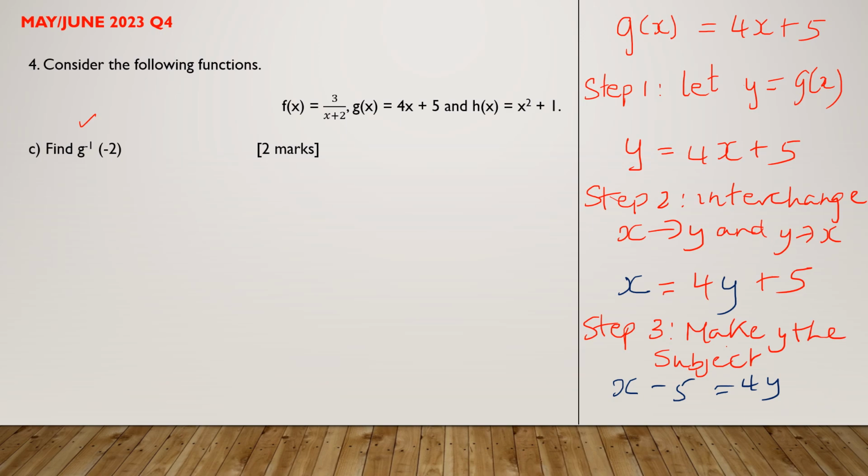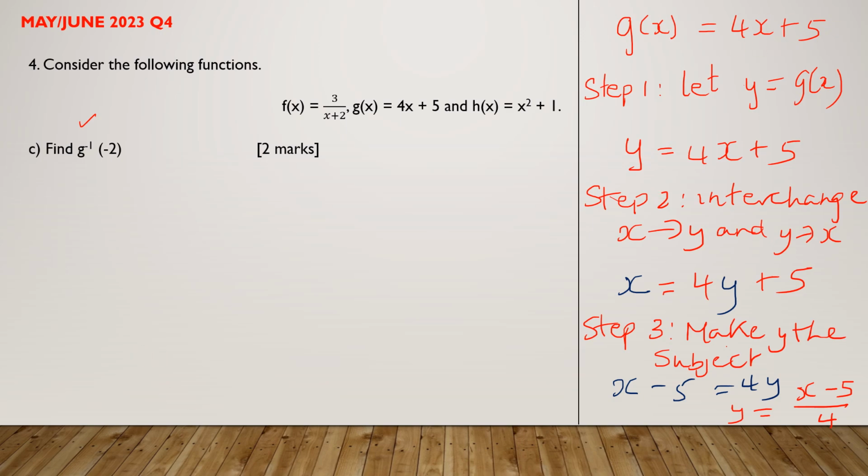So I'm going to end up with y equals x minus 5 over 4. So remember we were multiplying x by 4. Now we're dividing. We were adding 5. Now we're subtracting 5 from x. So the inverse is the reverse of what we were doing before.